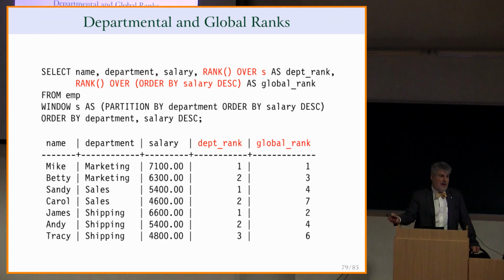I could have a computation in a single column that uses different partitions and different window clauses, if I wanted to. I don't have an example of that. But here, for example, this is rank over S, which is partitioned by department. This is rank over everything, again ordered by salary. Okay? So you can see, these are their ranks within the departments, and here are their global ranks within the entire company. Very nice.